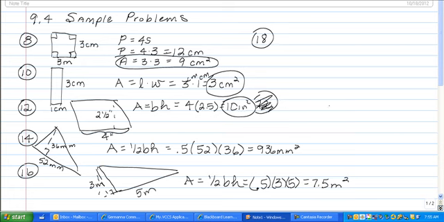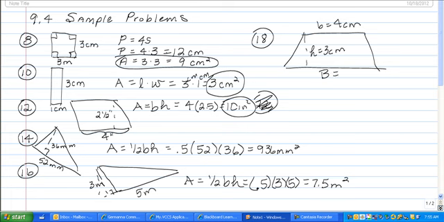Okay, in 18, we'll have a trapezoid. And our height is 3 centimeters. We have little b, the top base, which is 4 centimeters. The capital B, the bottom base, is 5 centimeters.